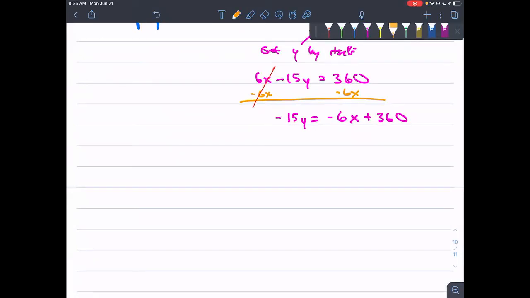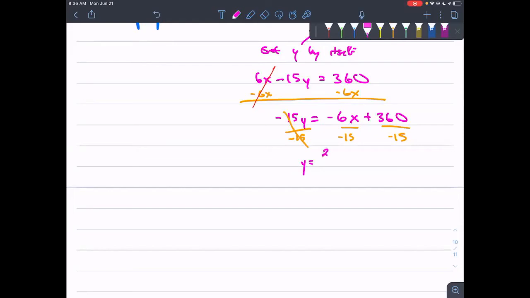The y and the negative 15 are being multiplied here, so we've got to divide to separate them. Am I dividing by 15 or negative 15? Negative 15. And then negative 15 over here, negative 15 divided by everything. So y equals negative 6 over negative 15. Negative over a negative is going to be positive. 6 over 15, we could reduce both of those by 3.